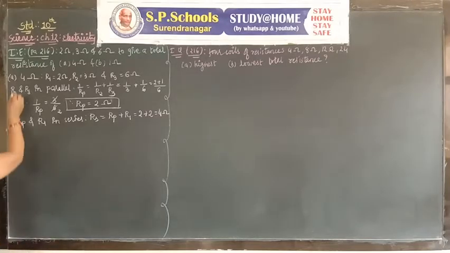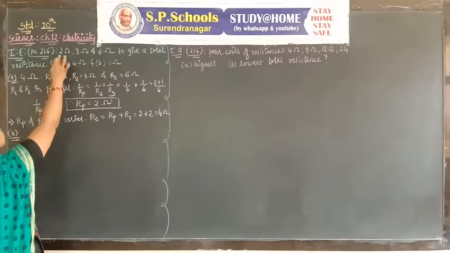Let's solve B. We already know in parallel combination the total resistance will be lower than each resistance. Here the lowest resistance is 2.